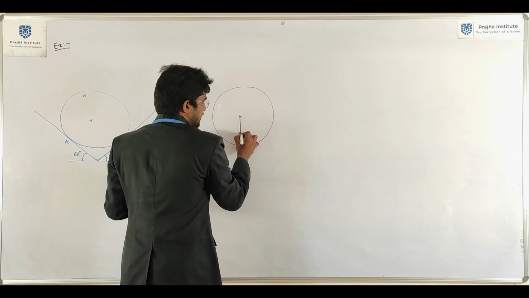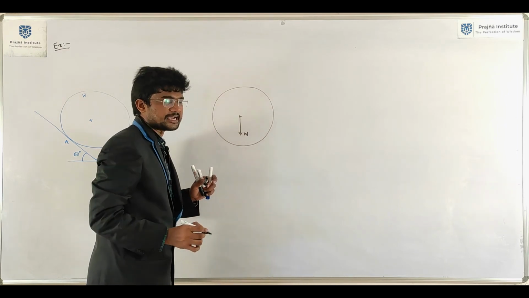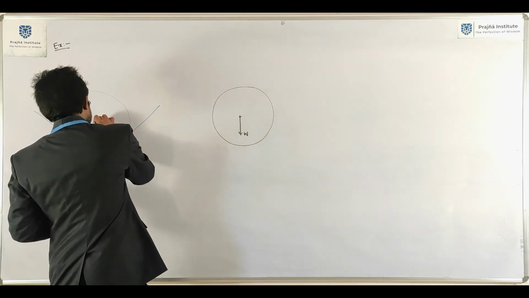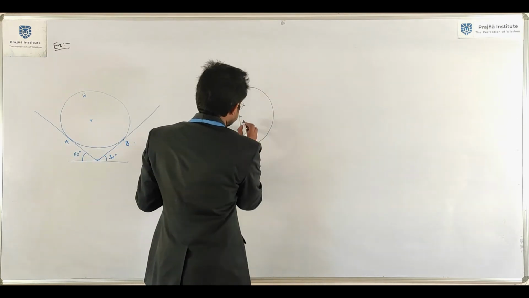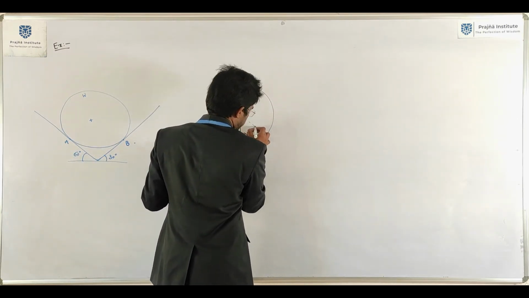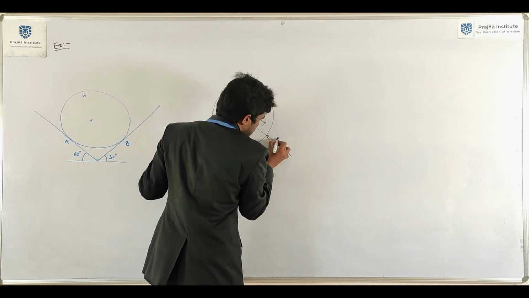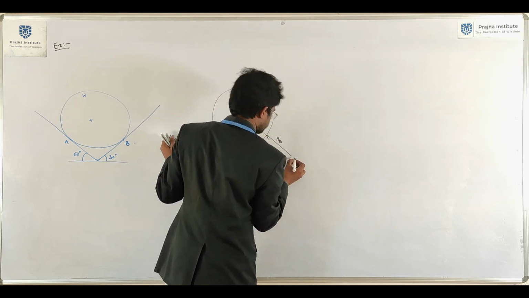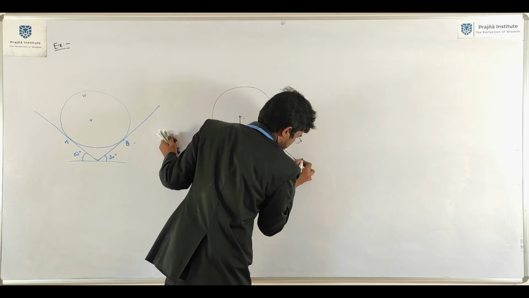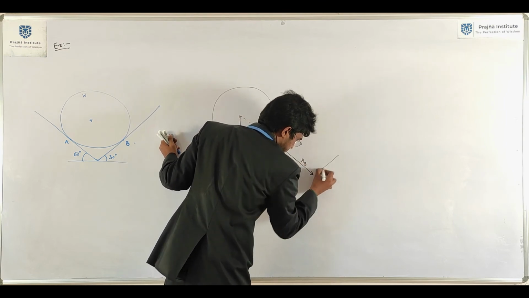Weight always acts in the vertically downward direction. At every contact point, a normal reaction will be acting. RB.